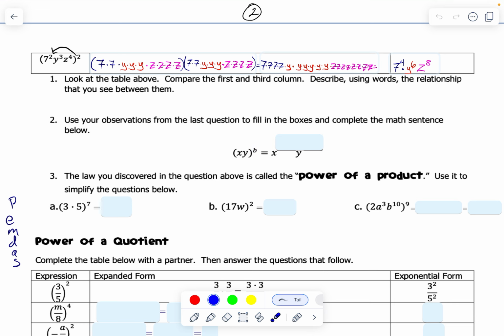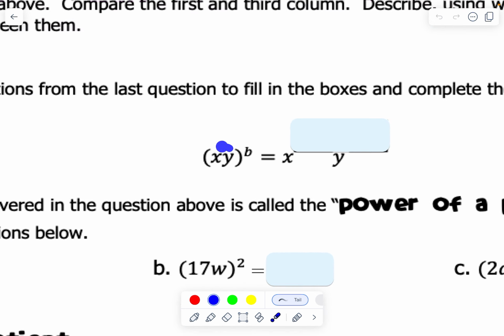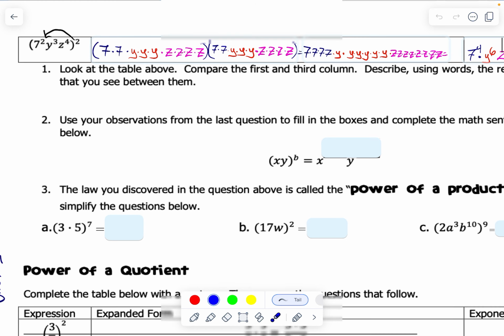We won't be able to do this if we have to cross addition or subtraction. Those are separate terms, and it will not give us a correct answer to try and distribute across those two terms. But here, we can do that. So if I have x times y to the b, we could say it's x to the b times y to the b.